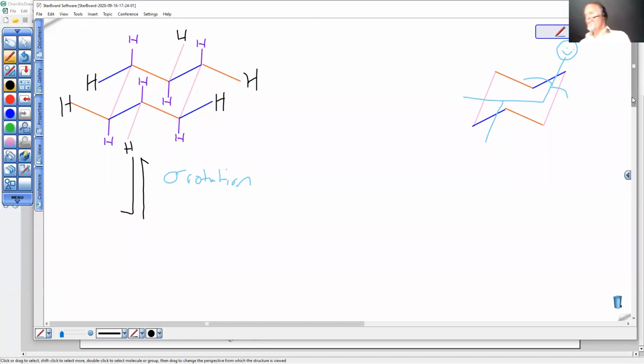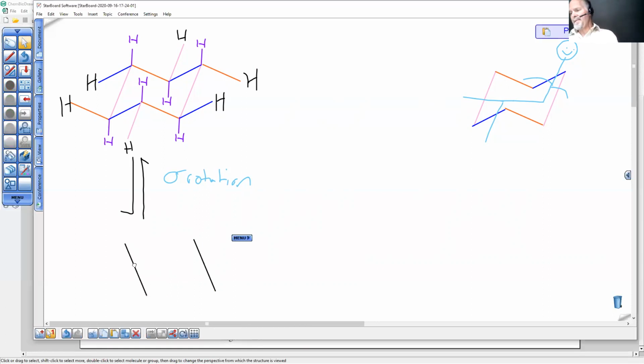And what happens when you do the sigma rotation? I'm going to pull this bond down to here. And it's going to be like this. It's not bad. And it's going to be parallel to this.